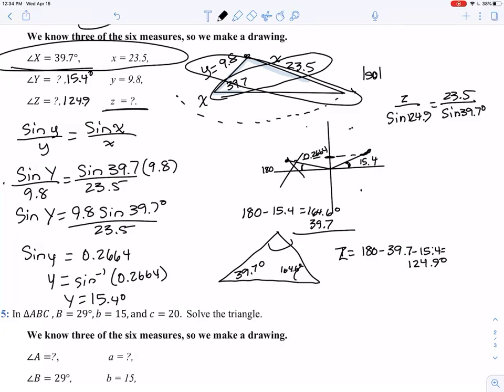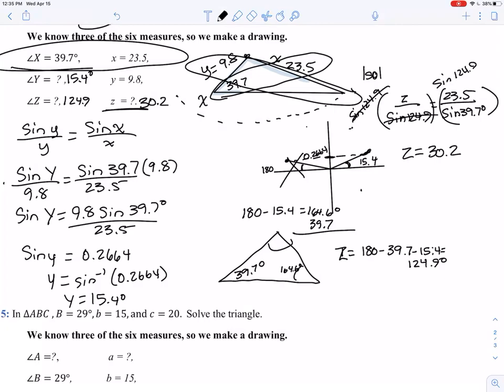Then we'll multiply both sides times the sine of 124.9, and we'll plug that into the calculator. I know you trust my work right here. So Z is approximately 30.2 units long when I plug that in. And so we have solved that triangle.